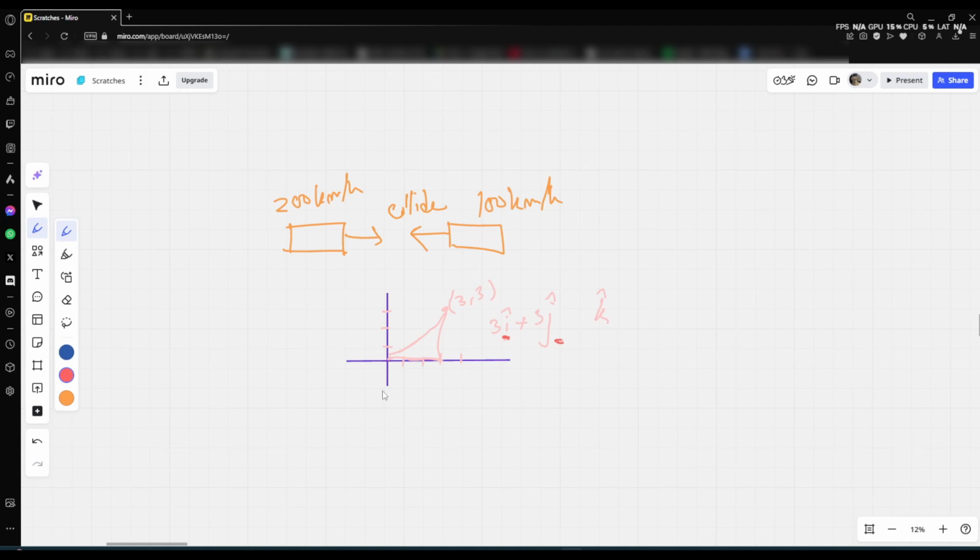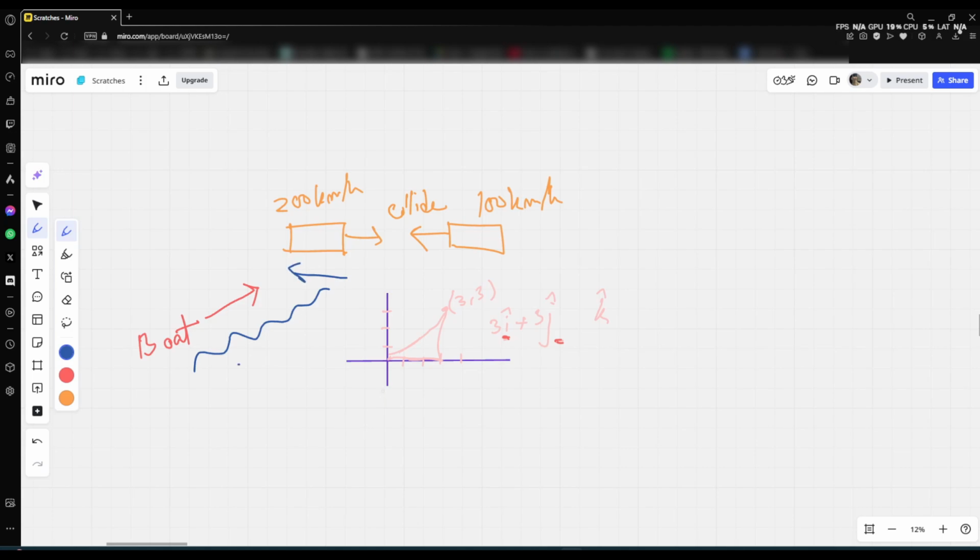Let me give you another example. Like in GTA, you have the option of a boat, right? Imagine you are riding a boat, and these are the waves, and your boat is representing a vector, and this water is also another vector.